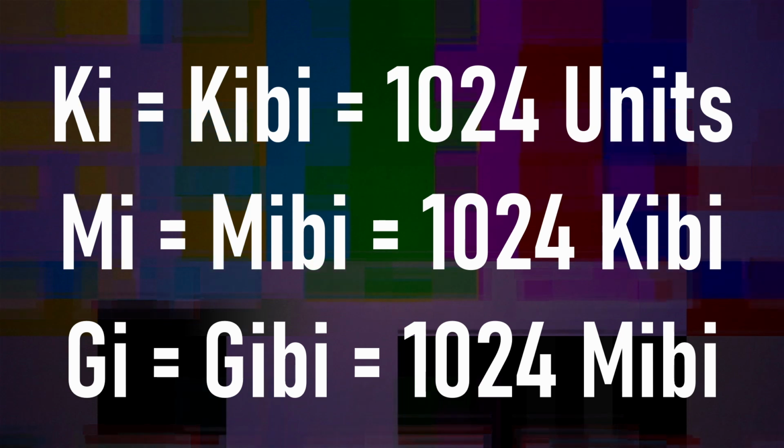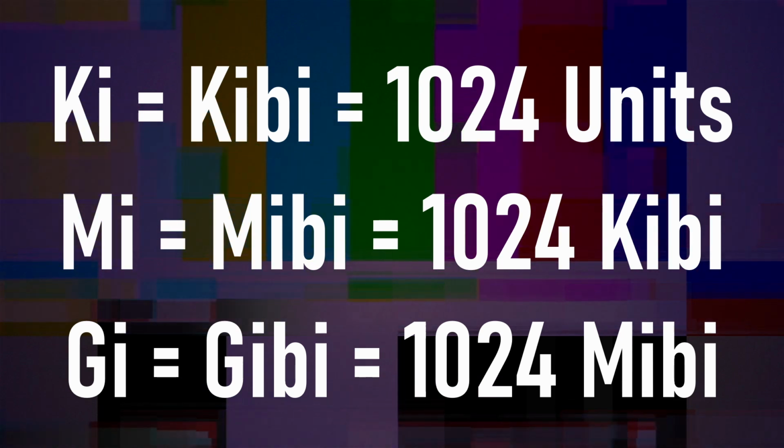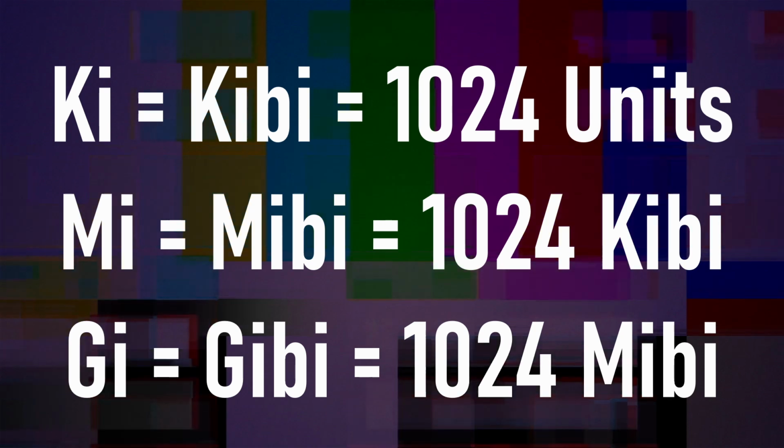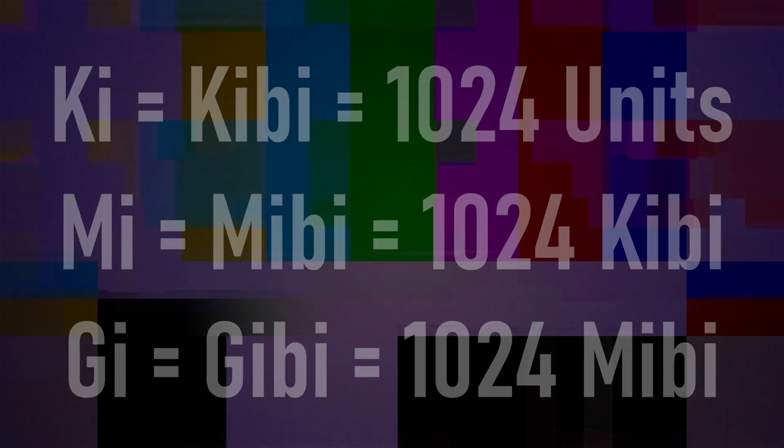The main difference is that instead of these being based on multiplications by 1000, these are based on multiplications of 1024. Yes, this is strange, but the reason why this happens is because 1024 is an easier number to multiply in binary than 1000. This is because 1024 in binary happens to be 1 followed by 10 zeros.